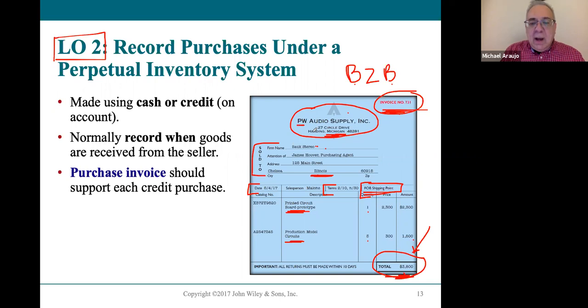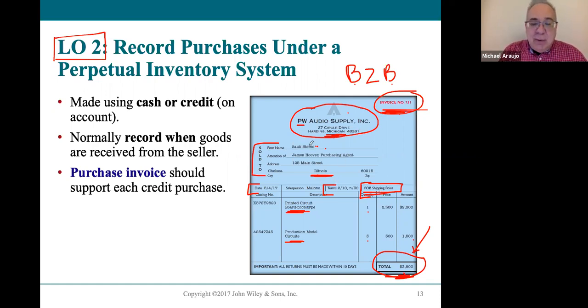SOC Stereo is going to open up this box with an invoice. To SOC Stereo, this invoice has to be paid. And so it becomes a payable to SOC Stereo. So to the buyer, it's a payable. To the seller, it's a receivable. Okay. So this is the information that's very, very important on the invoice.